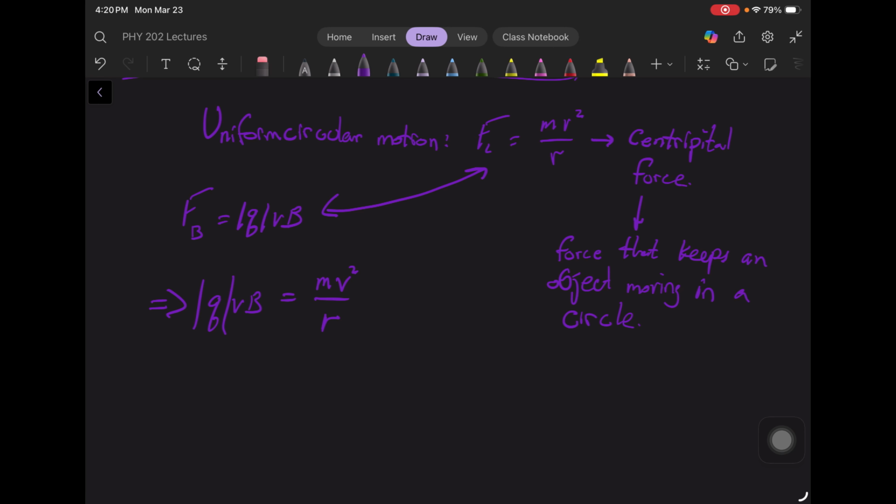Okay. And so if we want to solve for the radius of this circle, well, let's see. We have a v over here, v squared over there. We want to bring this up here and these down there, right? And so we have r is equal to mv over qB.